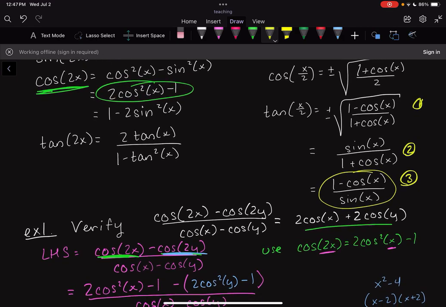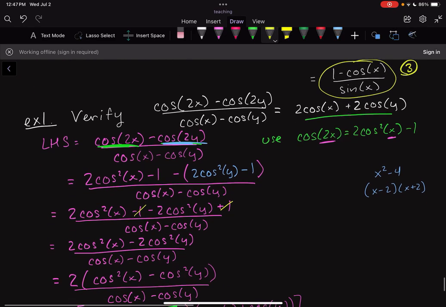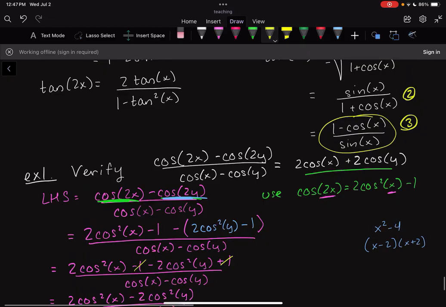But different identities will be used in different scenarios. It just depends on what you're given and what you're trying to do, you know? So it just depends. But for this type of problem, just finding exact value at a certain angle, I would definitely say that that third one is going to be easiest to simplify. So let's do it.